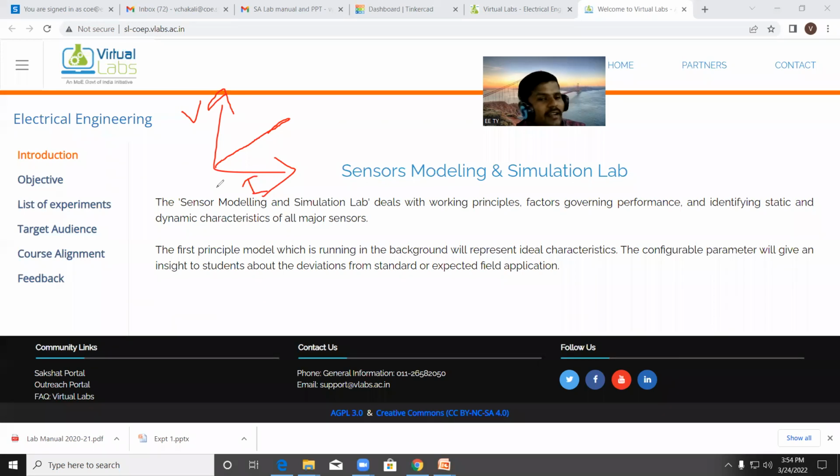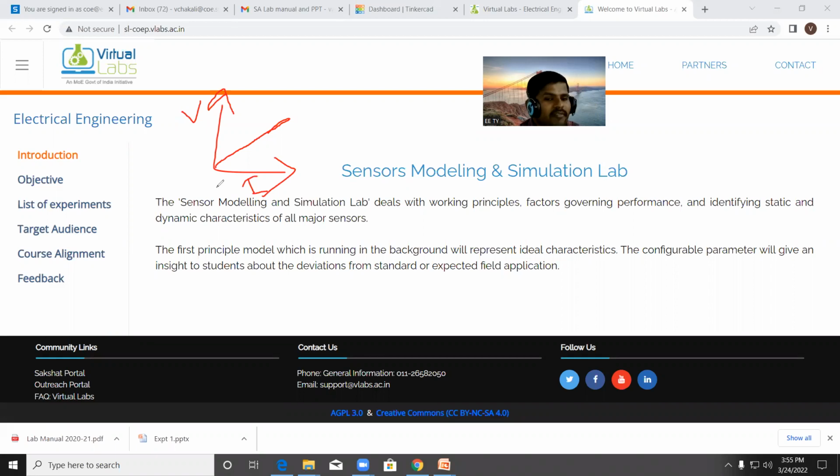So these are the characteristics we want to understand for some major sensors. The first principle model, which is running in the background, will represent ideal characteristics. The configurable parameter will give the student insight about the deviation from standard or expected field application.